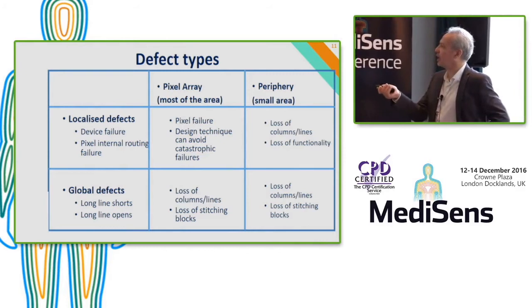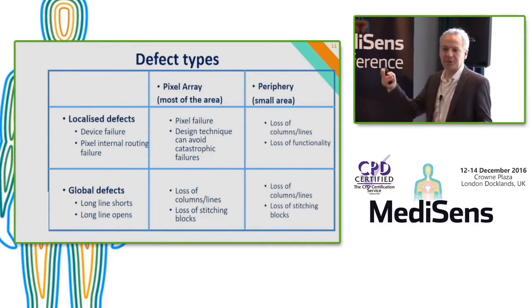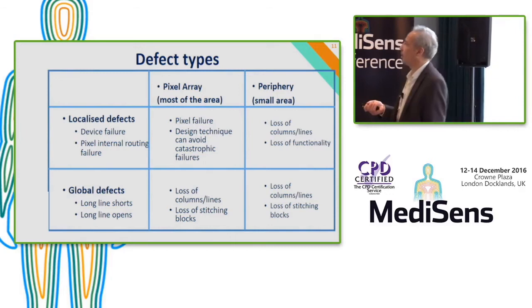If you have a localized defect in a pixel, it can be very easy. It leads to a pixel failure, so it's not catastrophic for the sensor. But maybe you get shorts between power supplies and ground, and there is where the design has to help in avoiding these catastrophic failures.